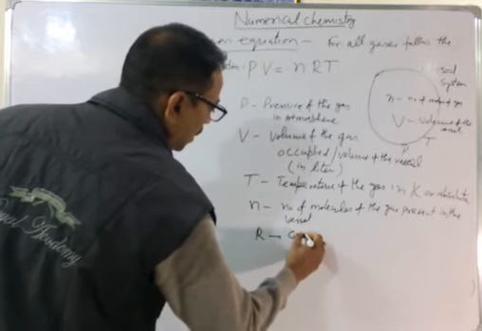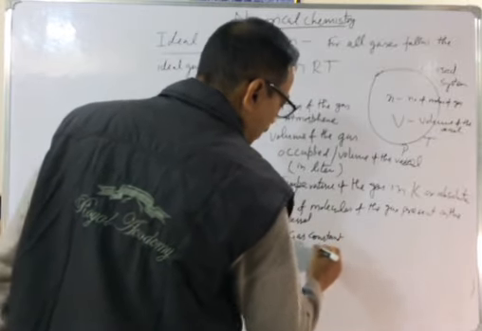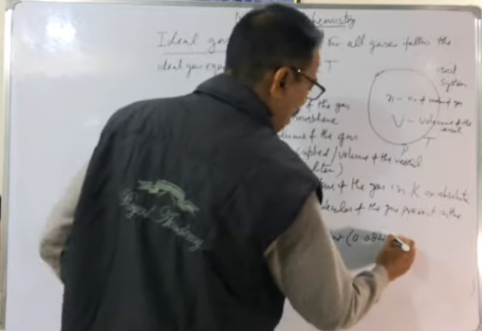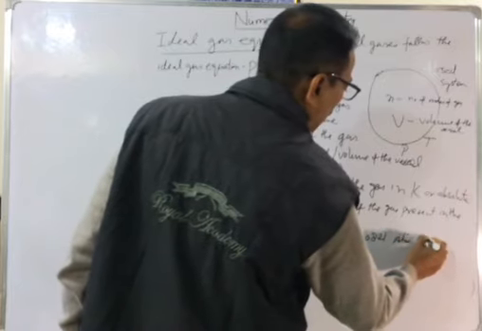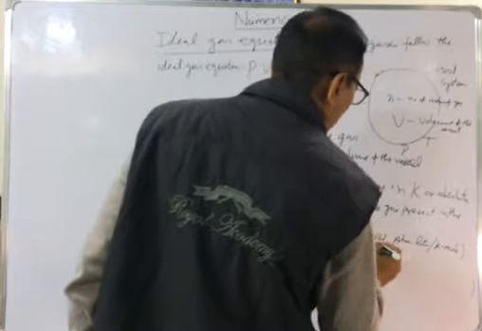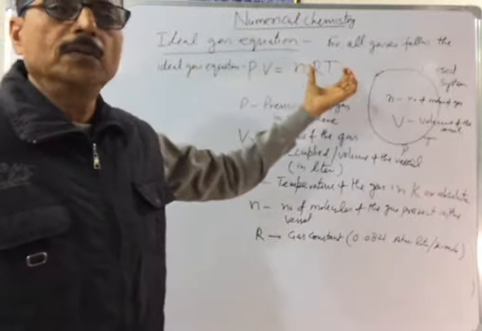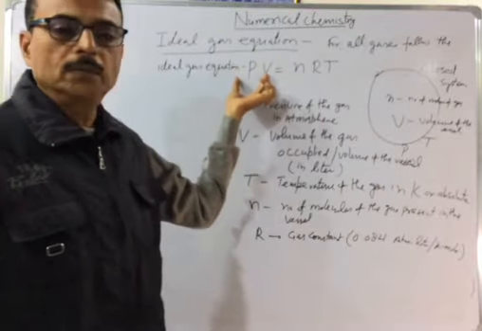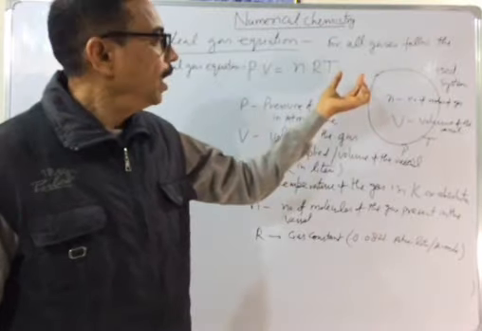The value of this gas constant is 0.0821, and the unit is atmosphere liter per kelvin per mole. So you just start from the ideal gas equation. All the gases follow this rule: pressure into volume of the gas equals number of moles into gas constant into absolute temperature.